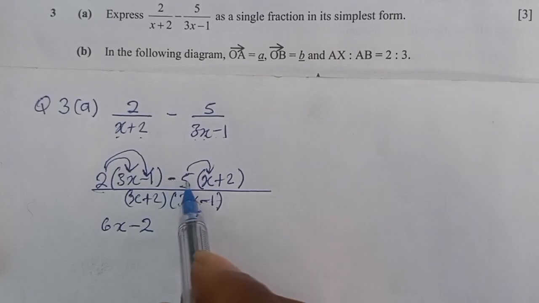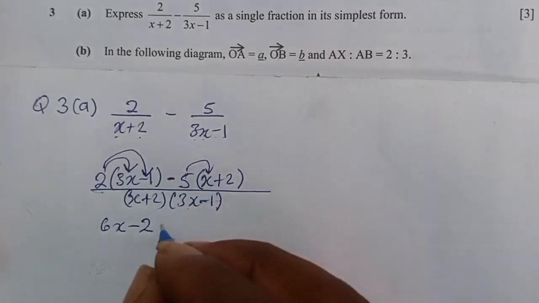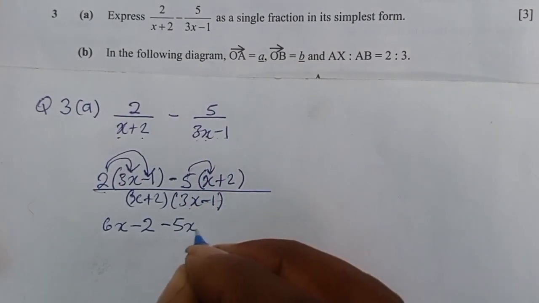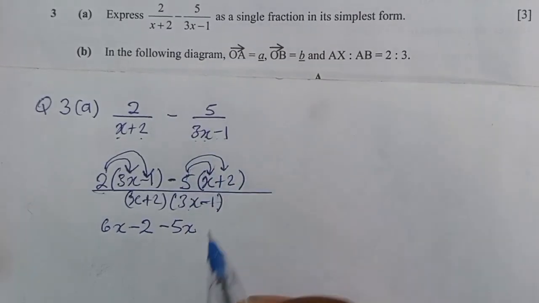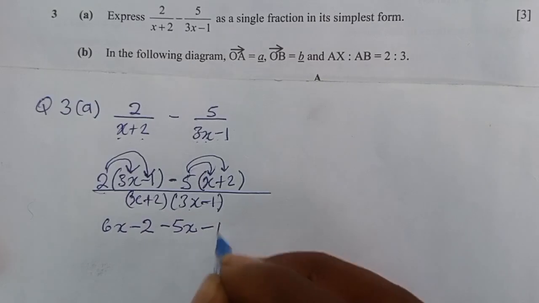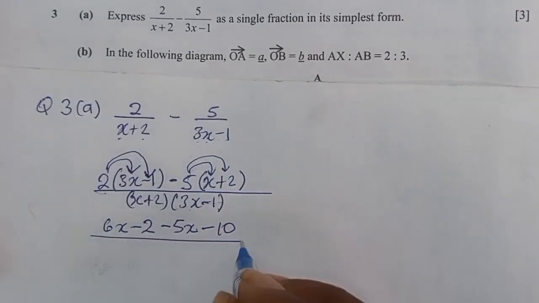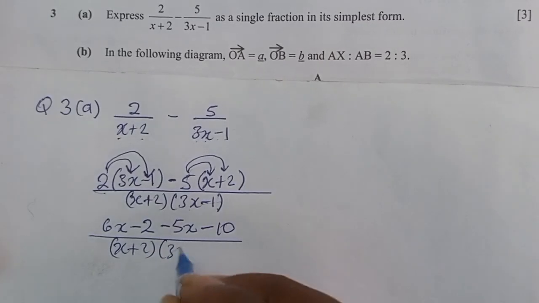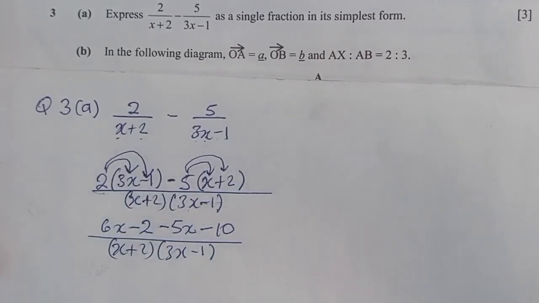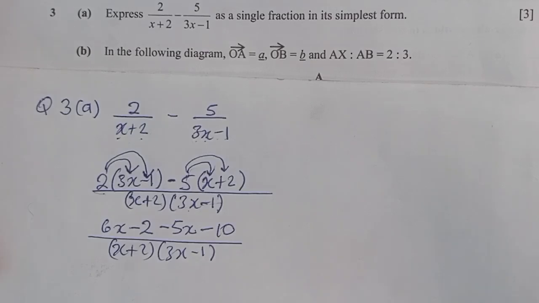So negative 5 times x is negative 5x. Negative 5 times positive 2, the answer is negative 10, over x plus 2, 3x minus 1 as our denominator.